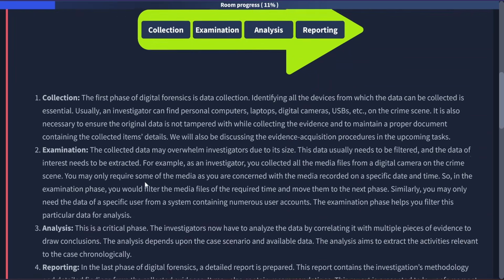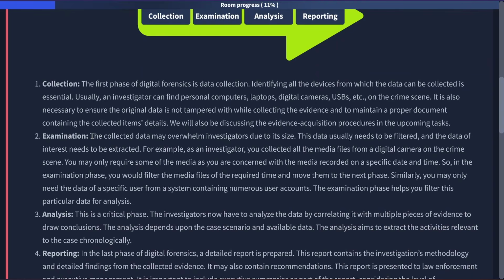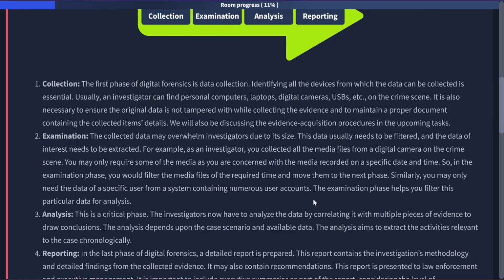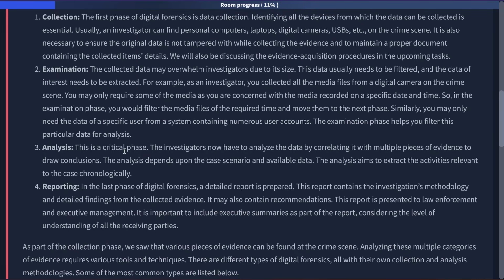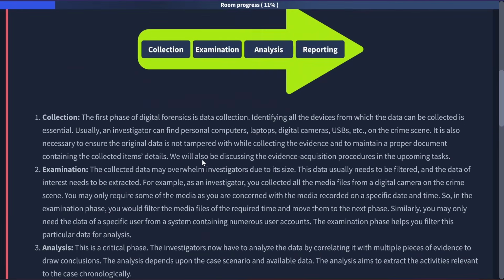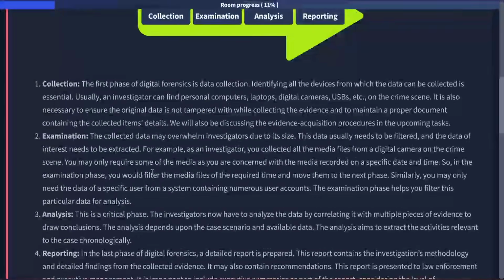And here they split up examination and analysis. In examination, they basically describe that as finding all the useful information, right? Not just grabbing everything, but finding the useful information. And then analyzing is taking a look at that useful information and figuring out what's relevant to the case and all that. So I kind of combine those into one.